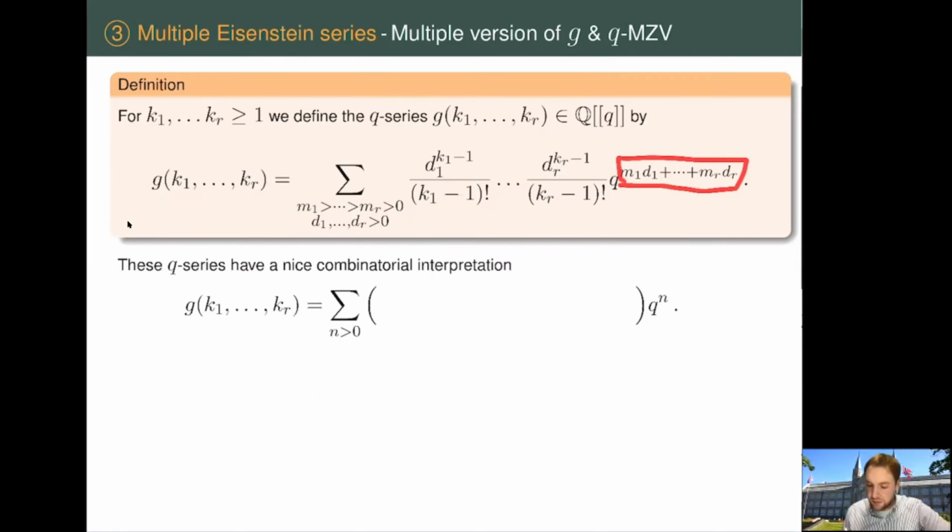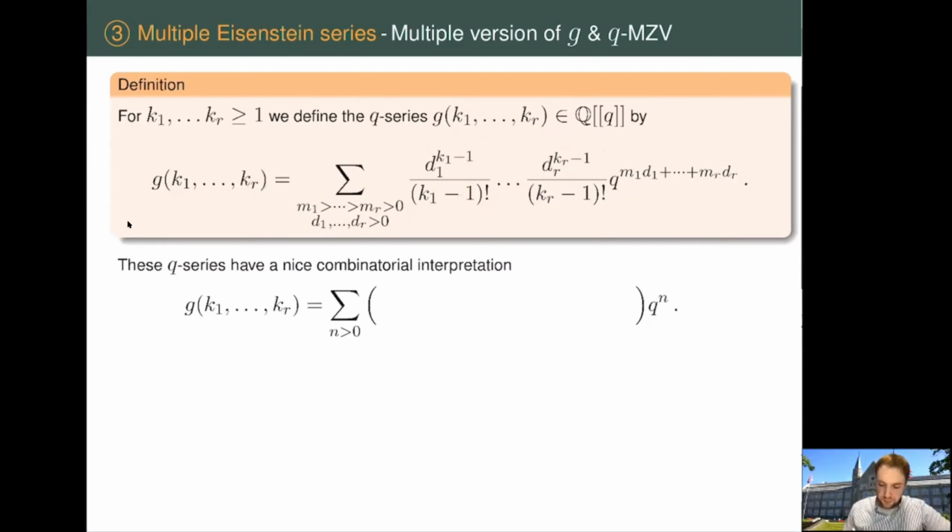So we have different parts M1 to Mr, and these are just the multiplicities. If I sum this up like this, then this is exactly the number where we consider the partitions. And we take these multiplicities and raise them to the powers of these k's. So for r equals 1, this is exactly what we had before.